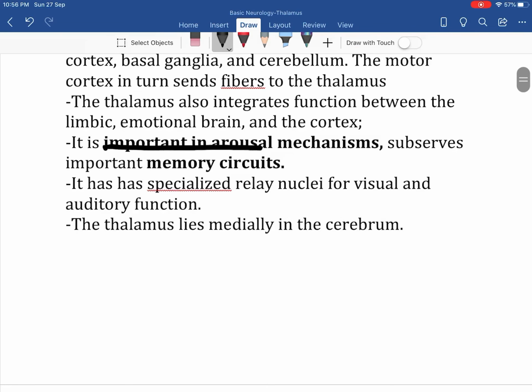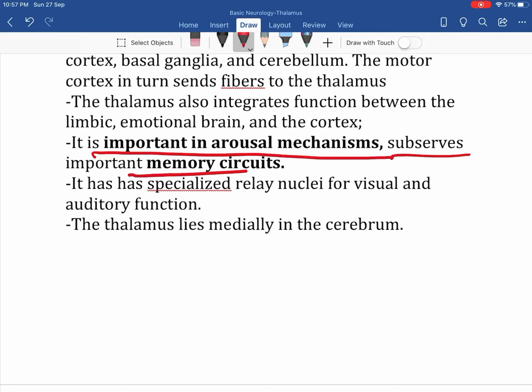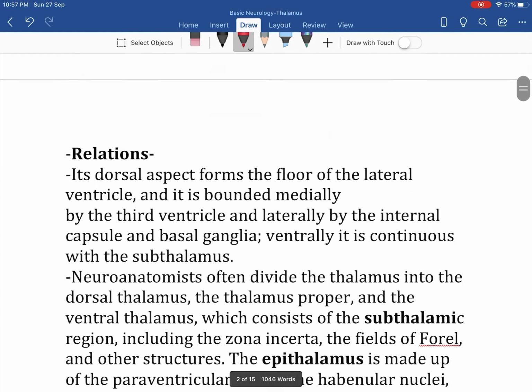Then what is the most important point? It is important in arousal mechanism, because almost all fibers come from the reticular formation to the thalamus. It is also important in memory circuits. Why? As we have seen, from hippocampus, fornix, and mammillary body, the mammillothalamic tract goes to the anterior nuclei, and that's why it is also important in memory circuit.